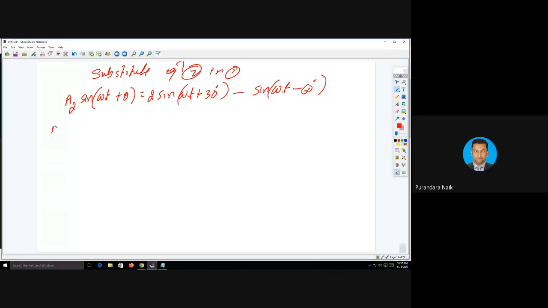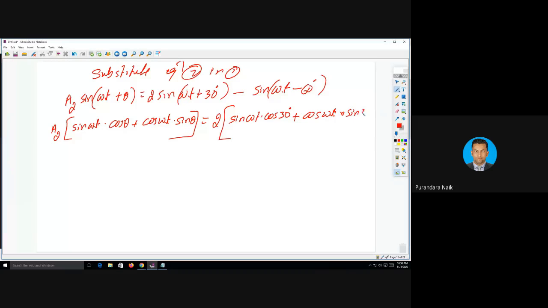So a2 into sin(a plus b), sin a cos b plus cos a sin b, is equal to 2 into sin omega t cos 30 plus cos omega t into sin 30, minus sin(a minus b).